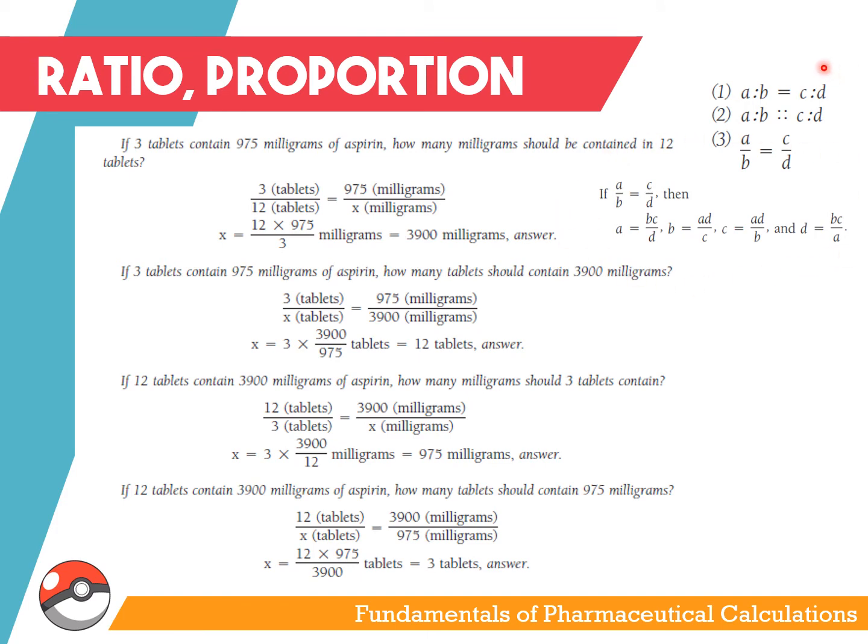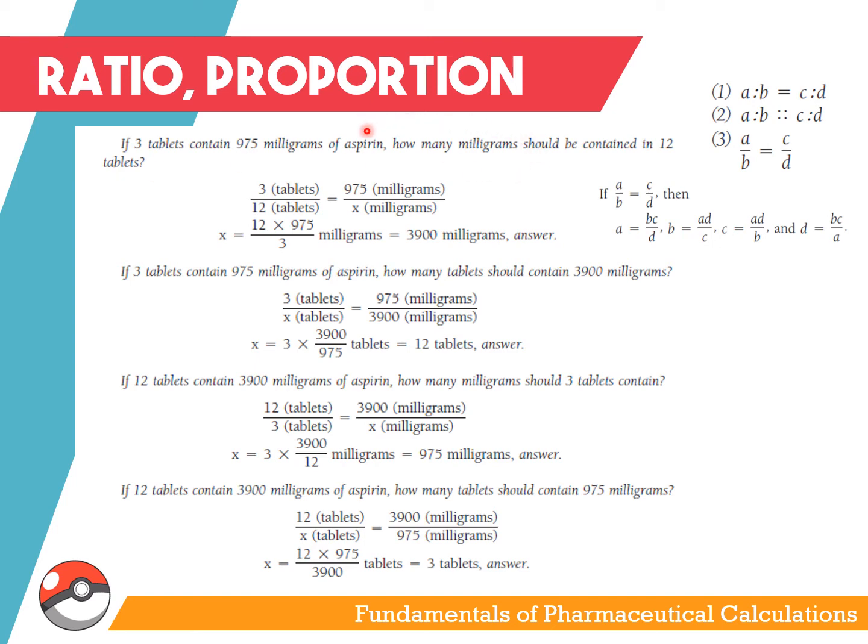Okay, so first example. If 3 tablets contain 975 milligrams of aspirin, how many milligrams should be contained in 12 tablets? The approach in solving these kinds of questions is to first understand the problem or what is asked. We are asking how many milligrams should be contained in 12 tablets.